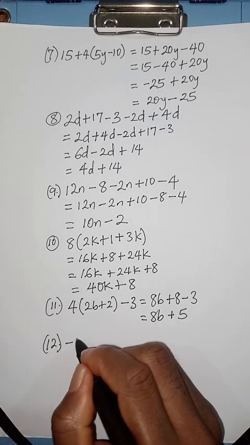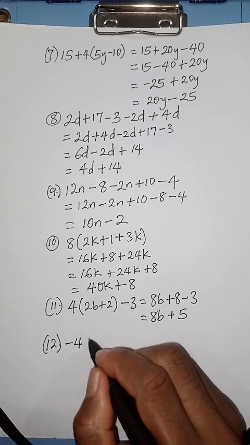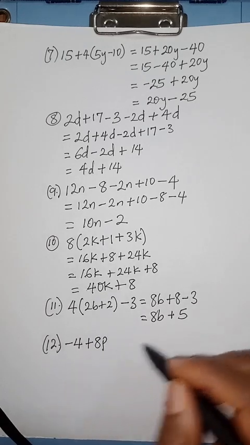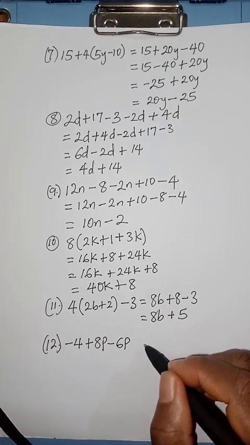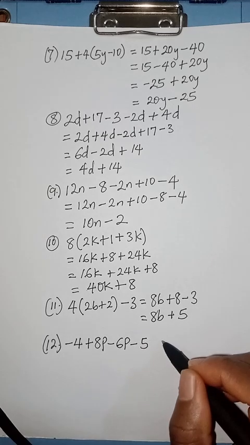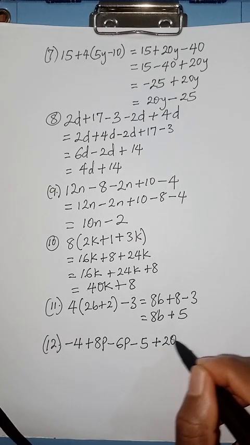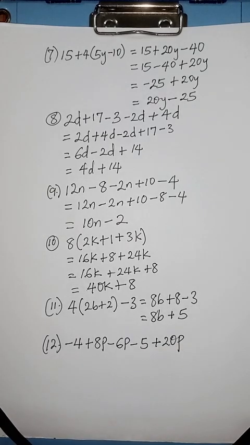I have minus 4 plus 8p minus 6p minus 5 plus 20p. Again, I'm going to collect like terms.